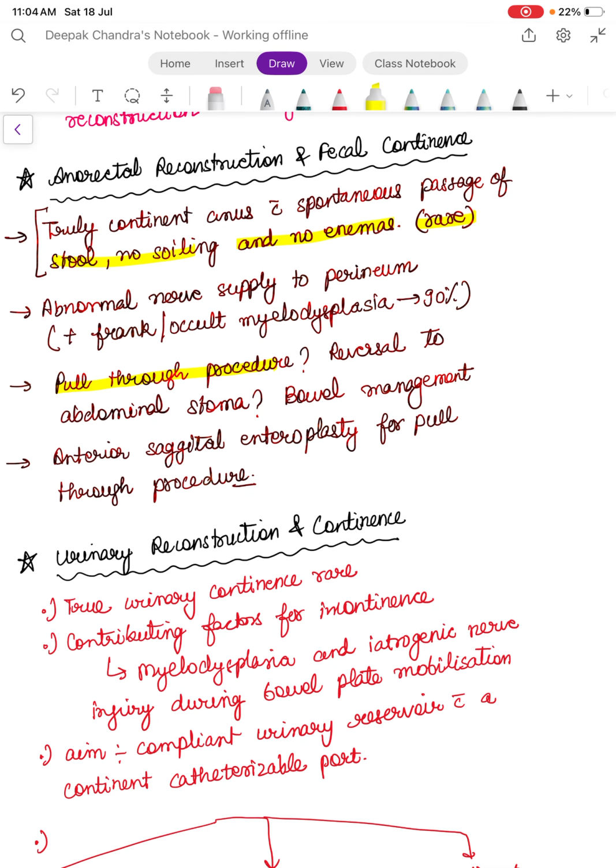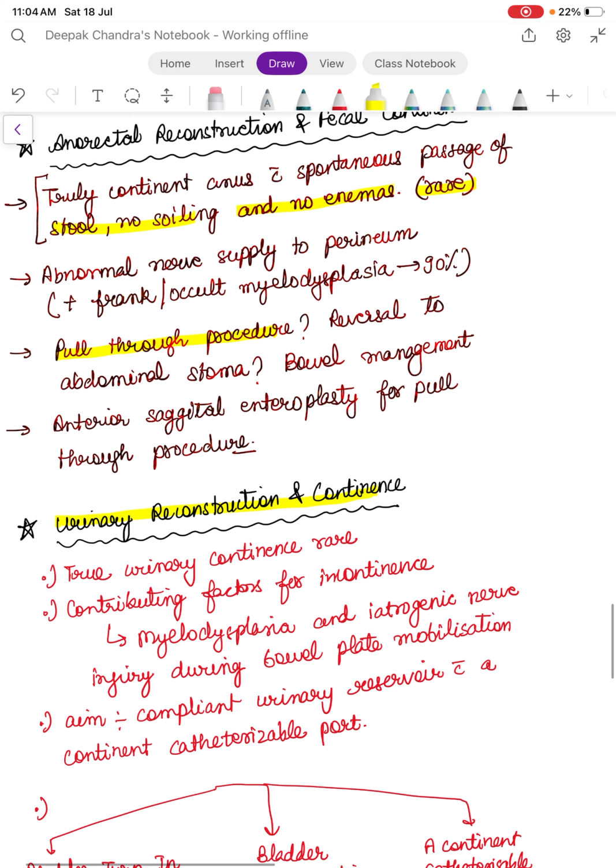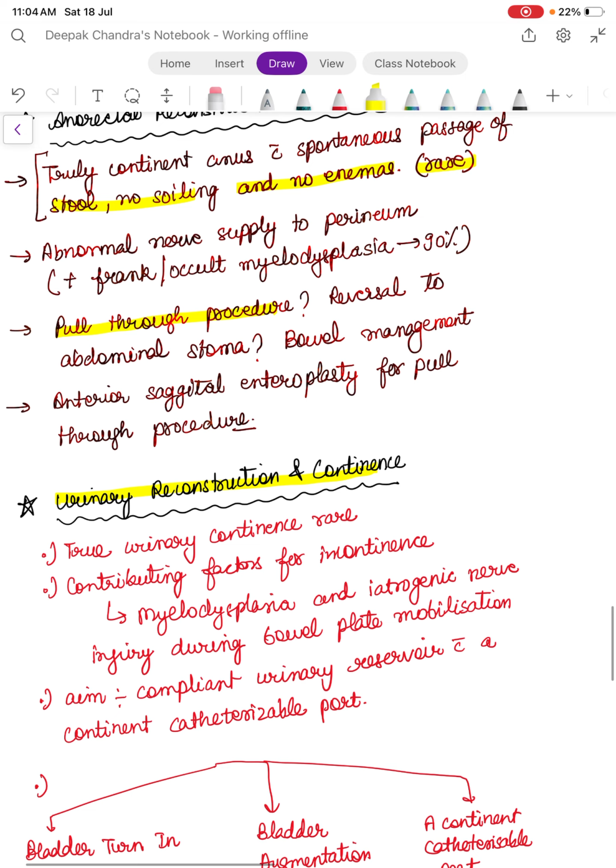Then the second most important is urinary reconstruction and continence. Truly, urinary continence is a rare phenomenon, and the contributing factors are the myelodysplasia and iatrogenic nerve injury while doing the cecal plate or bowel plate mobilization.